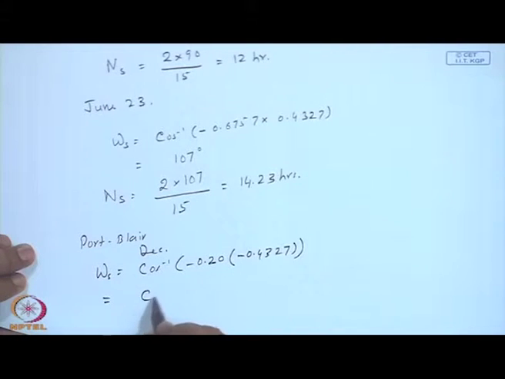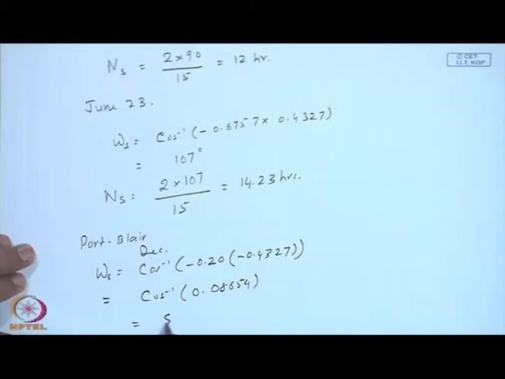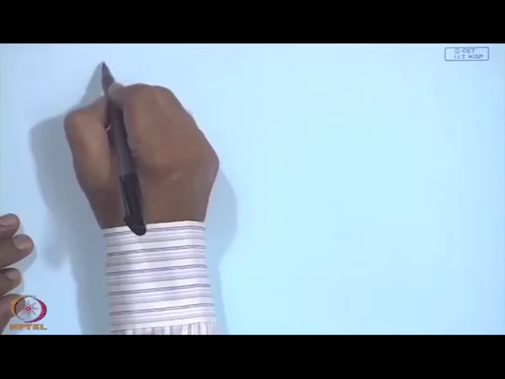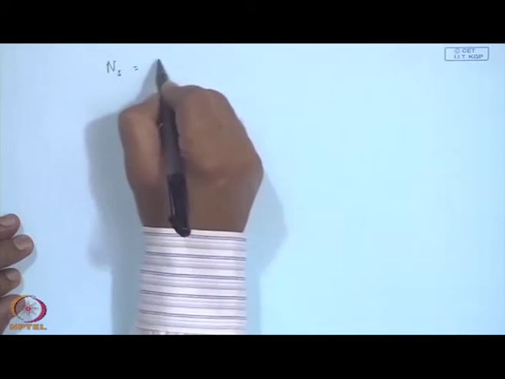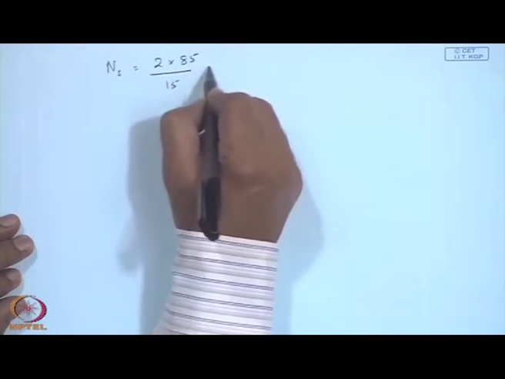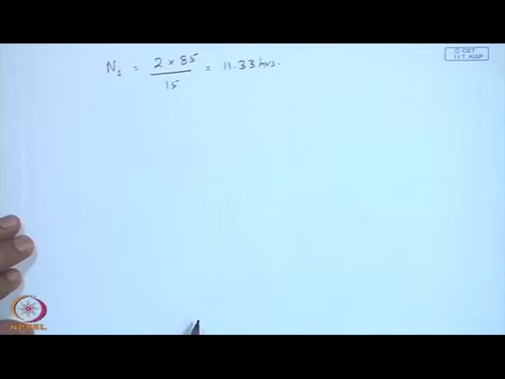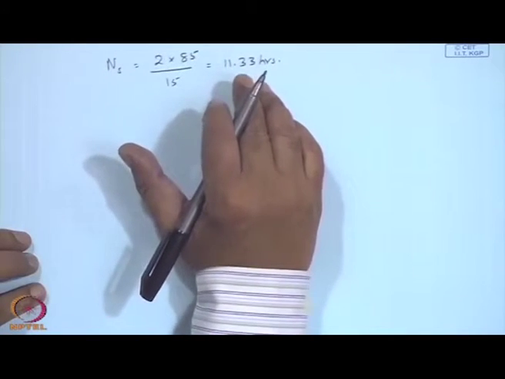This will be cosine inverse of 0.8654, which is 85.03 degrees. And the number of sunshine hours N s will be 2 into 85 by 15, which should be 11.33 hours. You will find that this is pretty close to 12 hours, and compare it to what we had for Srinagar, this is considerably higher.